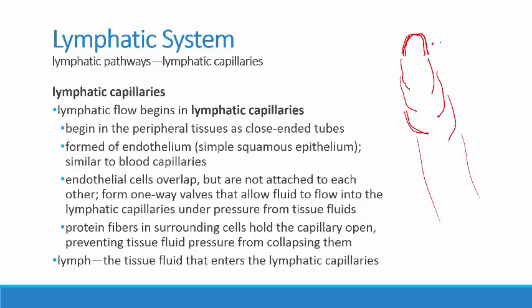And so where the lymphatic capillary is in close proximity to a capillary network, the construction is this overlapping kind of construction. And so when fluid pressure outside of the lymphatic capillary builds up, then it forces fluid into the lymphatic capillary.